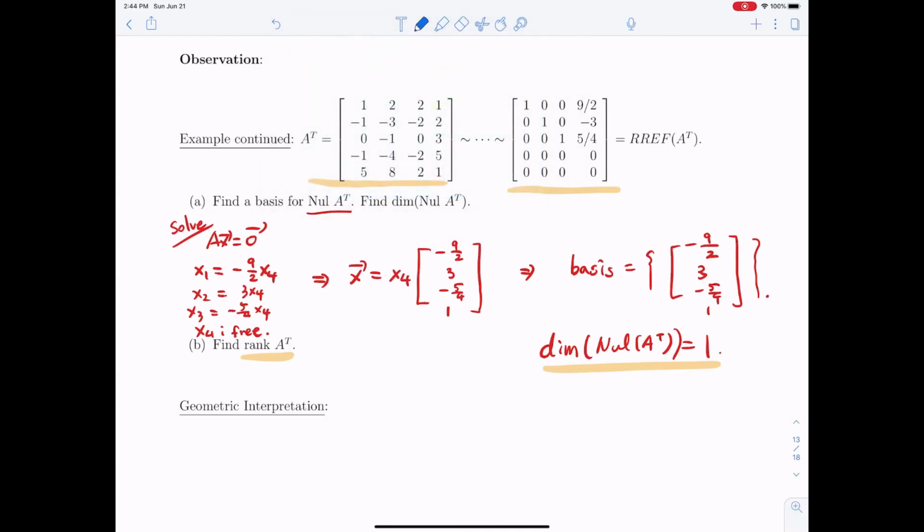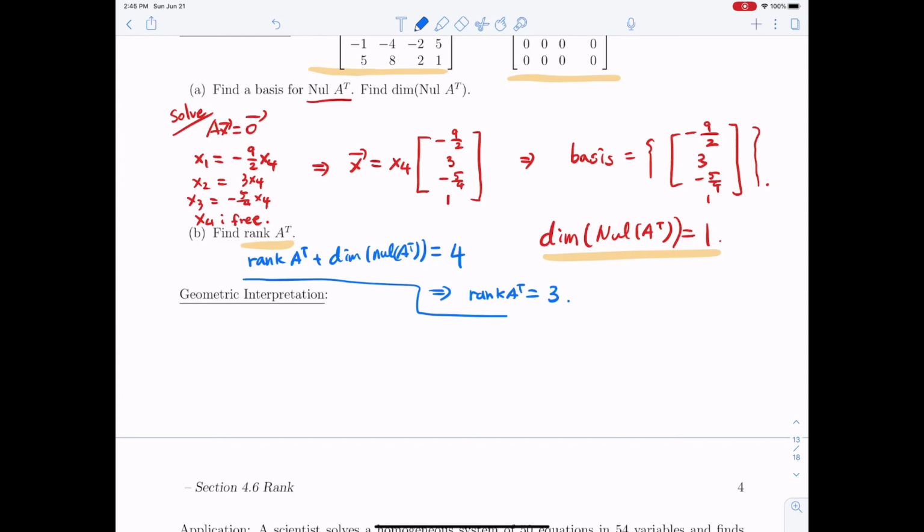By the rank-nullity theorem, the rank of A transpose plus the dimension of the null space of A transpose equals the number of columns of A transpose. In this case, it is 1, 2, 3, and 4. So from here, we get the rank of A transpose equals 3.